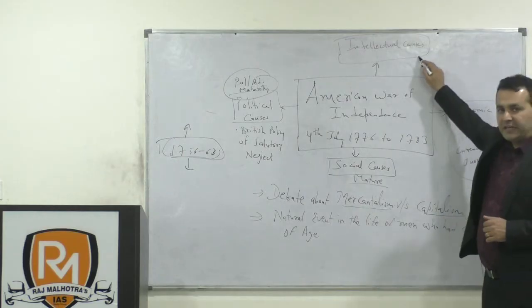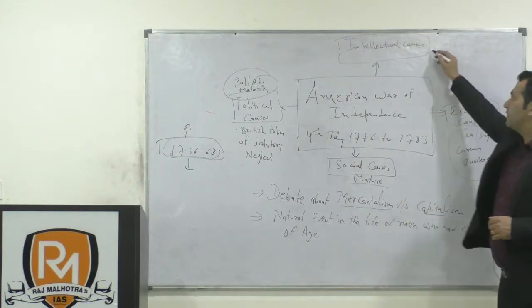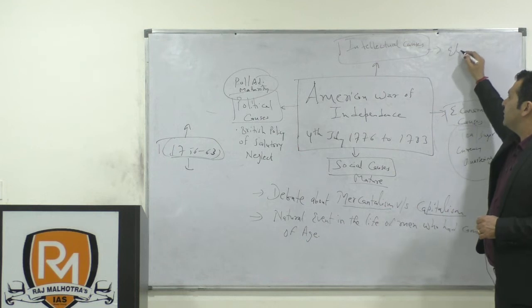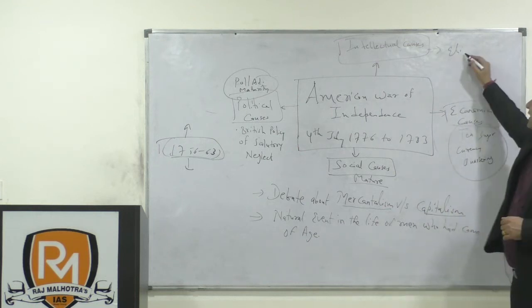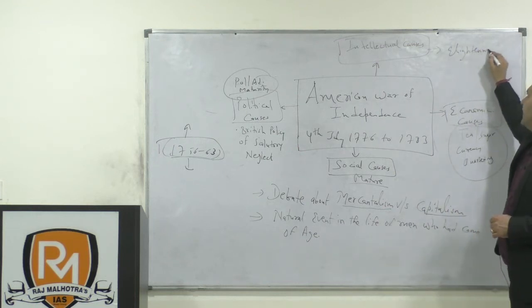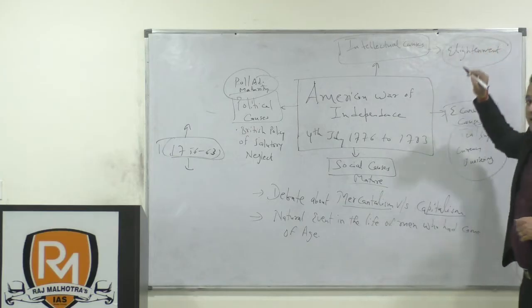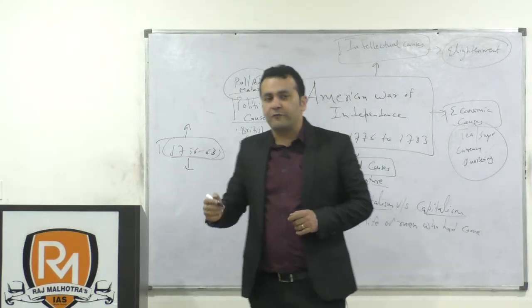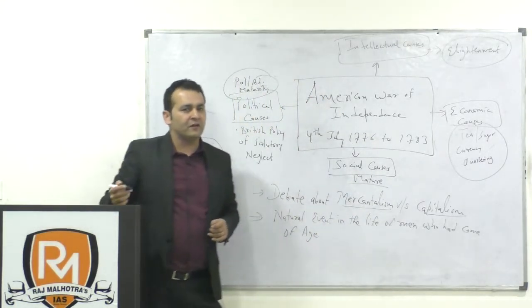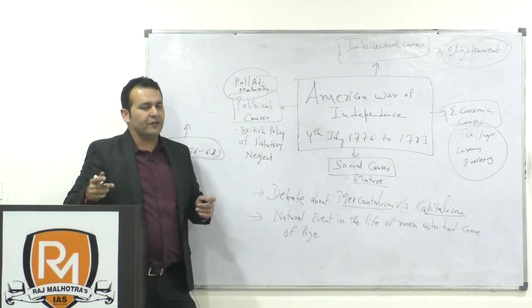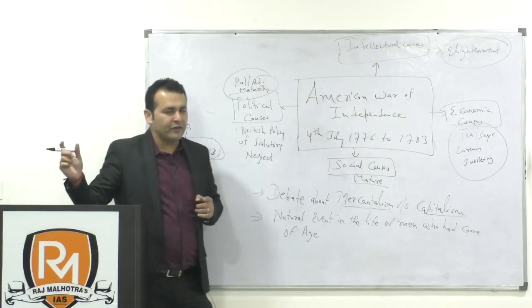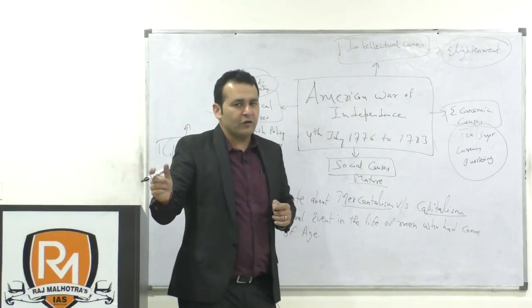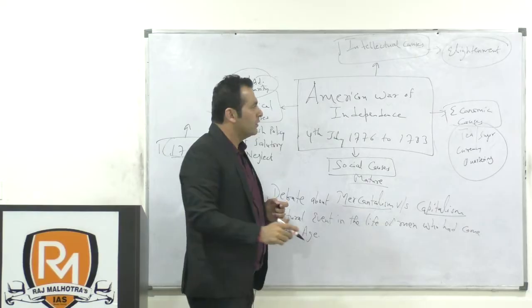Now come the intellectual causes. See, intellectual causes can be traced back to the time of the Enlightenment, and all the ideas of the Enlightenment that were prominent in Europe, starting from the writings of John Locke, who is popularly called the intellectual father of the American Revolution, right? Even the opening line of the American Constitution refers to the ideas of John Locke that all men are born equal, right?